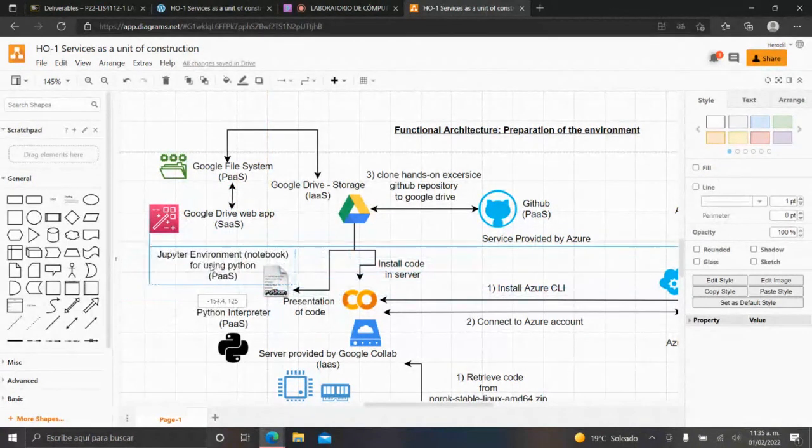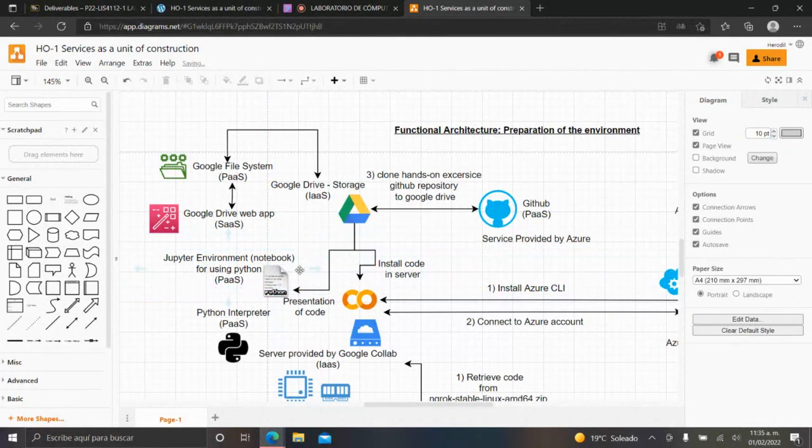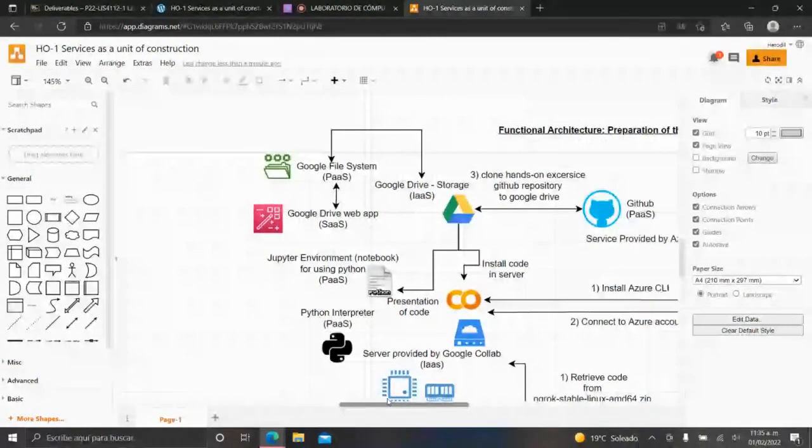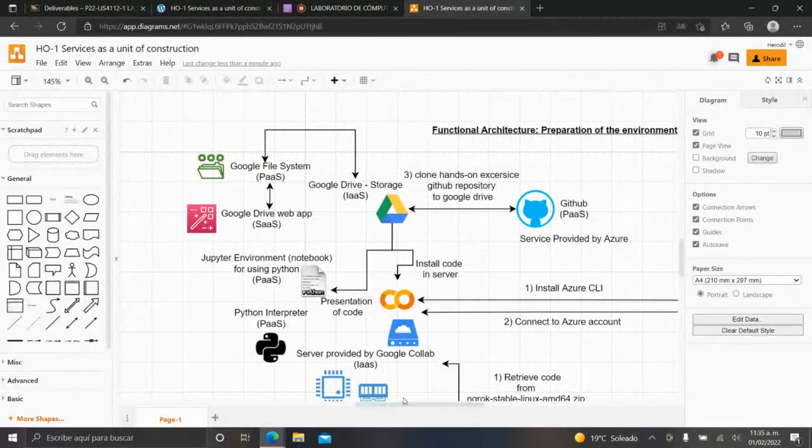And what is contained in the arrow is a file. Sorry, it's okay like this? Yes, and what is connected is a file.